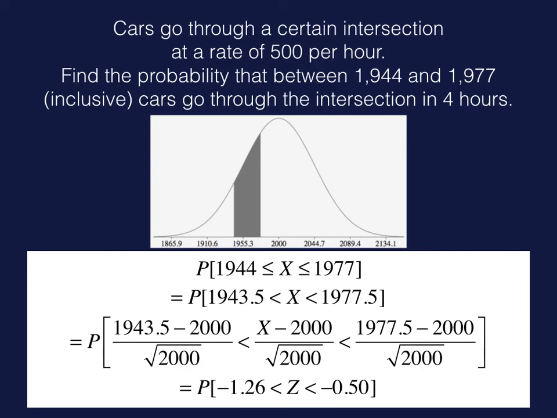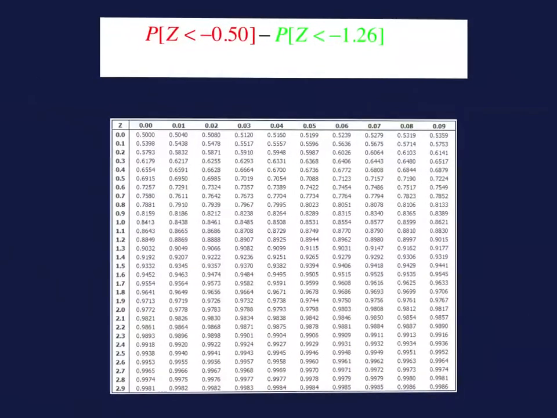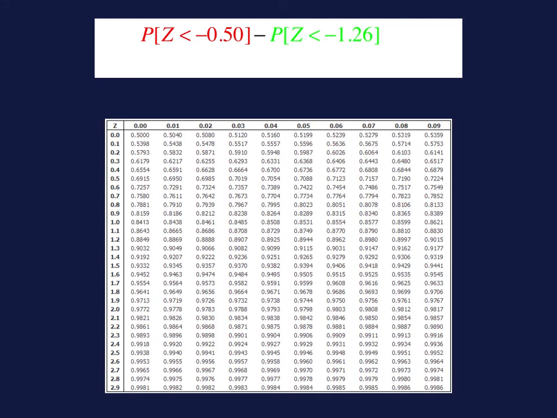All right, so going to the z table. So the area to the left of negative 0.5, let's look up 0.50. Well, the area to the left of negative 0.5 is the same as the area to the right of positive 0.5. Hence, I subtract from 1.